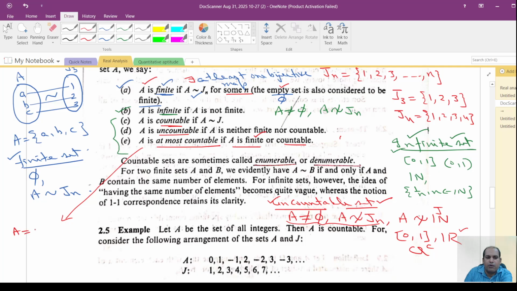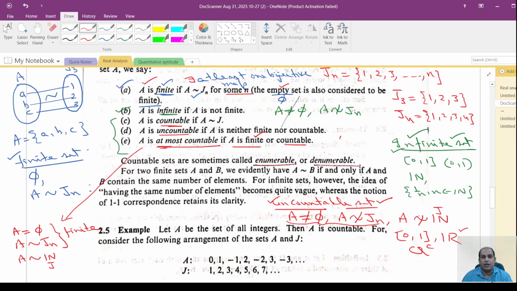So A can be equal to phi, or any set similar to Jn; these two are finite. So whenever at most countable is given, all those finite sets come within it, or countable. Countable means all those sets which are similar to the set of natural numbers. The notation used here is J.